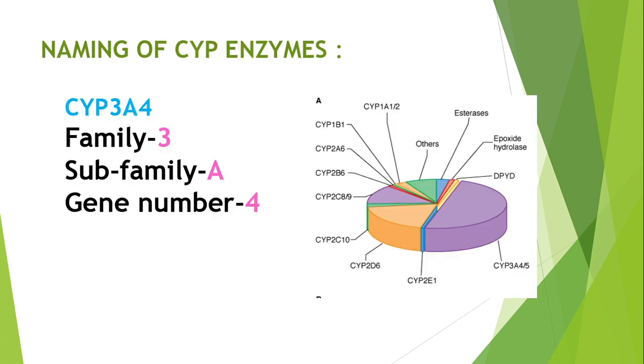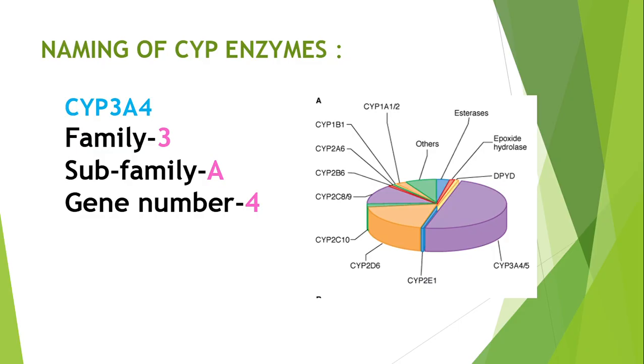Naming of CYP enzymes: CYP3A4 means the family is 3, the subfamily is A, and the gene number is 4. CYP stands for cytochrome P, where CY means cytochrome and P means pigment.